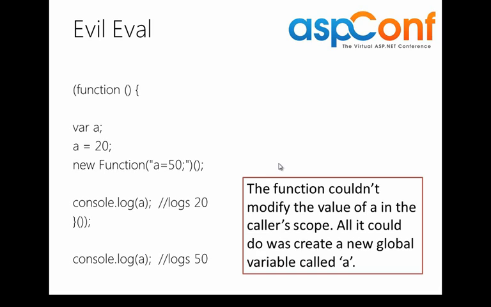So you can see that when you're using the function constructor, the function couldn't modify the value of a in the caller scope. All it could do was create a new global variable called a. That might be a problem if there was already a global variable called a. You should probably be avoiding that global variable anyway.